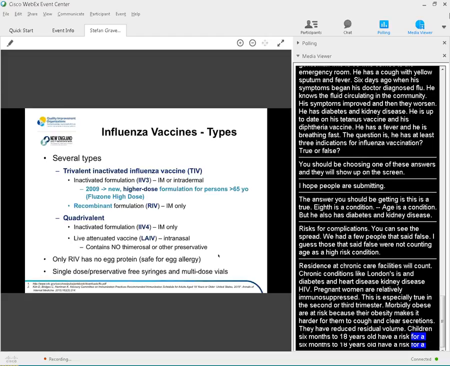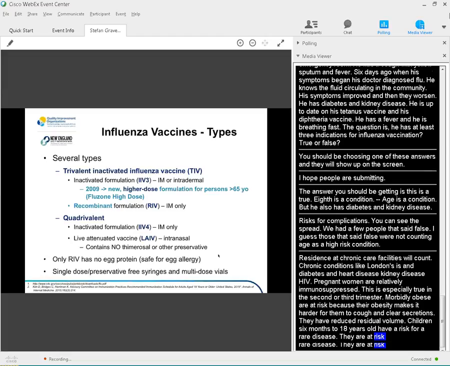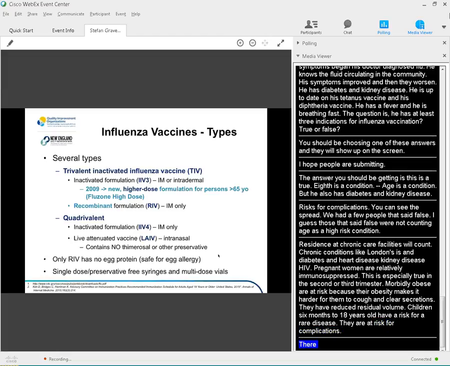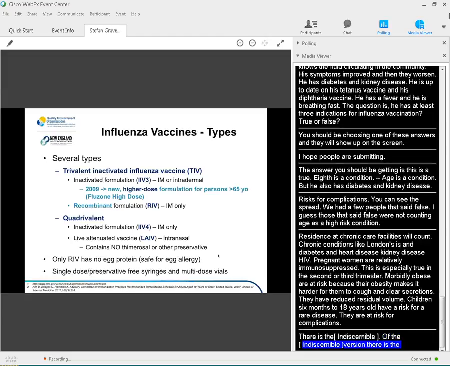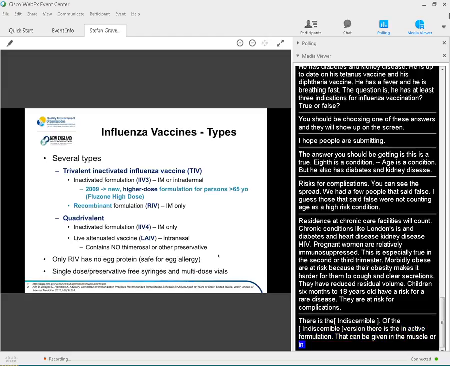It's a flu vaccine, which makes the world confusing. There's the trivalent and the quadrivalent. Of the trivalent version, there's the inactivated formulation, which we call IIV3, which the 3 makes a trivalent, and that can be given either in the muscle or in the skin, intradermal. The intradermal version has a very short, very small needle, so it only goes into the skin and not any deeper.